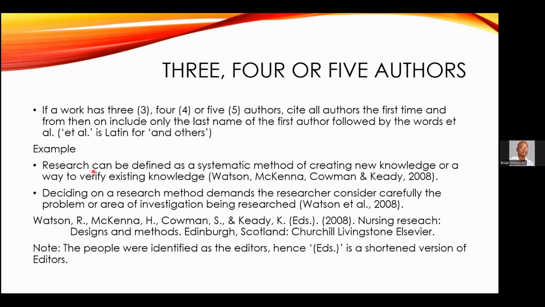For example, they're saying research can be defined as a systematic method of creating new knowledge, or a way to verify existing knowledge. You can see here we have 4 authors. So you write these last names: Watson, comma, McKenna, comma, Cowman, and then Apperson, KD, comma, then 2008, full stop. That's the first time.